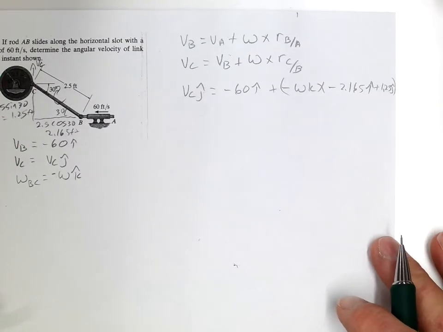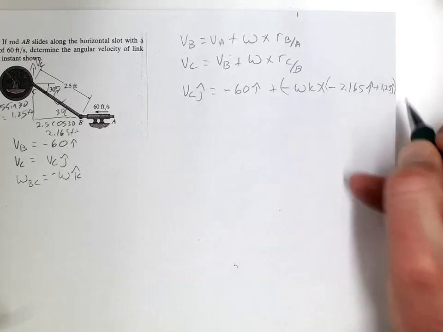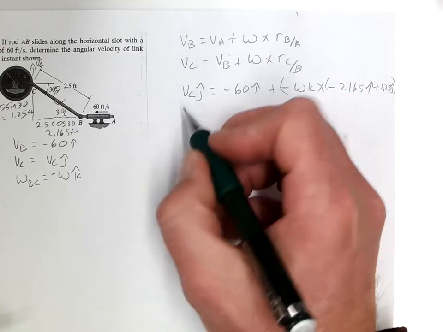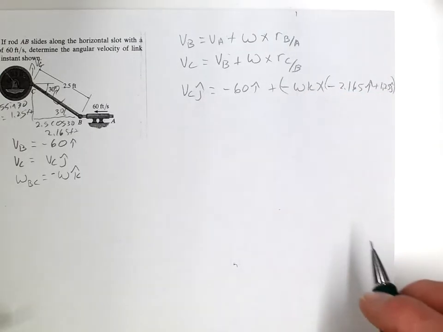It's kind of getting tight over there. Let's put a second pair of pencils there. So let's do the cross product.